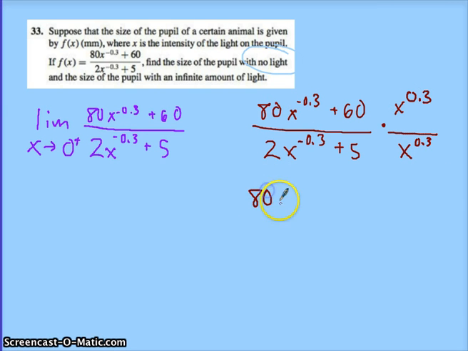We get 80 times x to the 0.3 plus 60 times x to the 0.3 power.